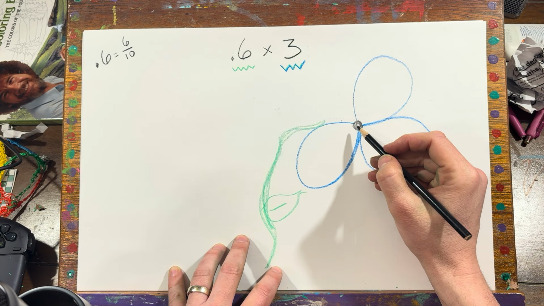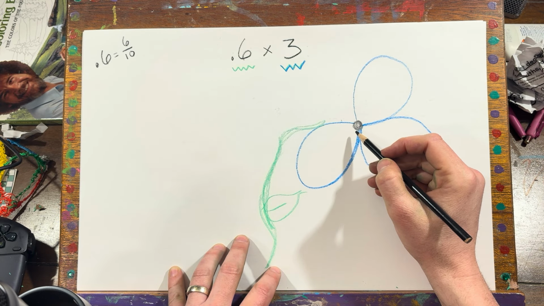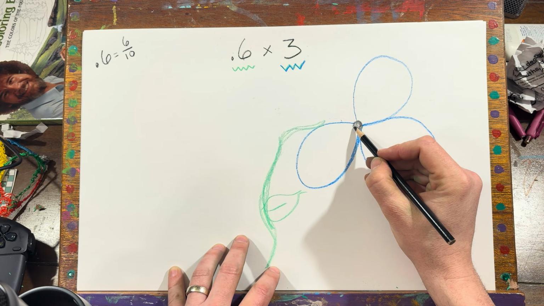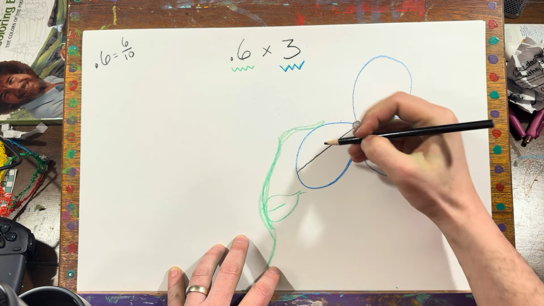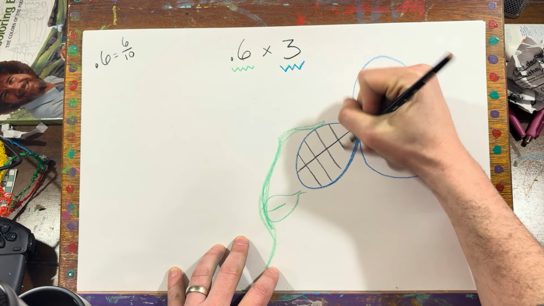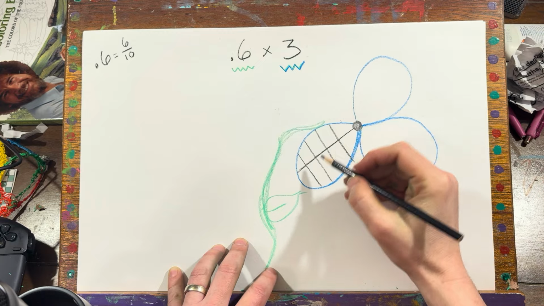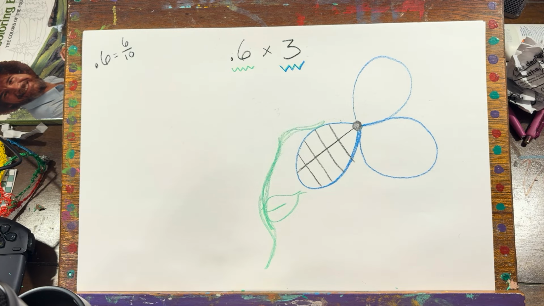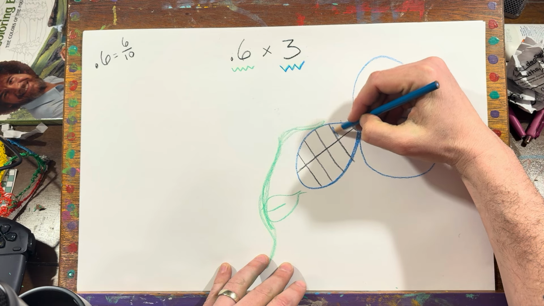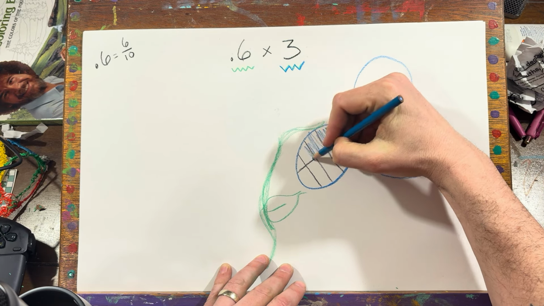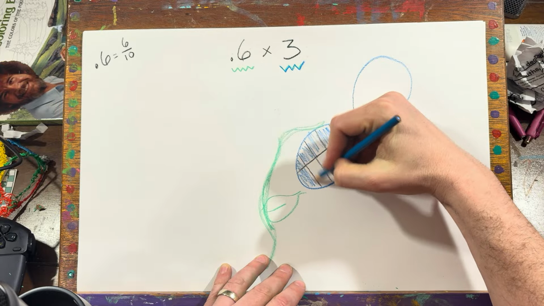So let's take 6/10 of this. I'm cutting this into 10 pieces, and I'm going to shade in 6/10 of it. 1, 2, 3, 4, 5, 6/10.